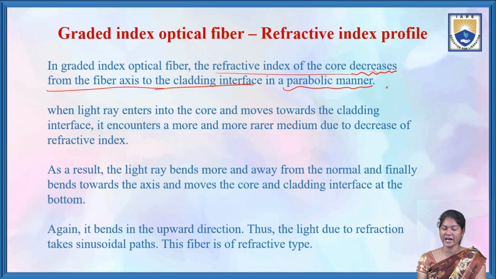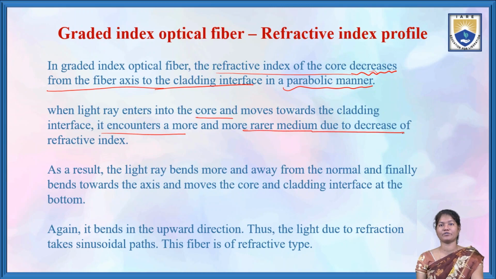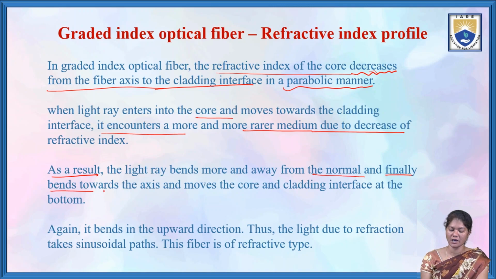So when the light ray enters the core and moves towards the cladding interface, it encounters a more and more rarer medium due to the decrease of refractive index. As a result, the light ray bends more and more away from the normal and finally bends towards the axis and moves to the core and cladding interface at the bottom.